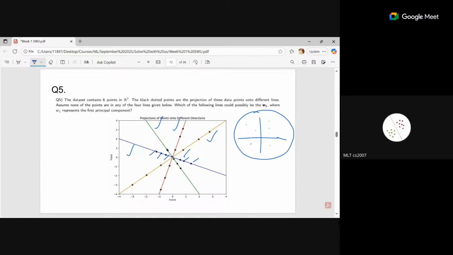These are just the projections of these data points onto these lines. Now the question is, which among the following lines could possibly be the first principal component? The yellow line, with the maximum variance, correct.